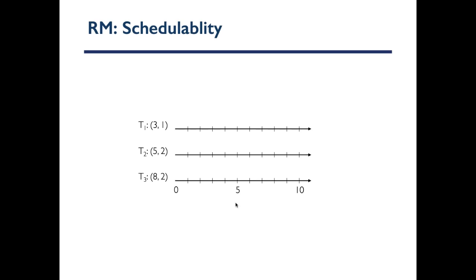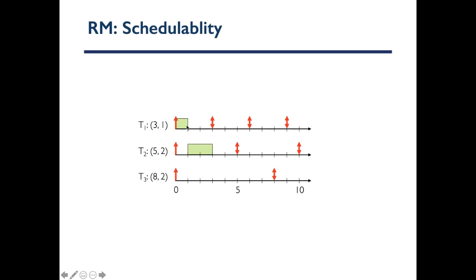Now, rate monotonic doesn't work all the time. Here's another example. In this case, I have 3 different tasks with these properties, and here I have just marked the periods. Now T1 has highest priority, we run its job.